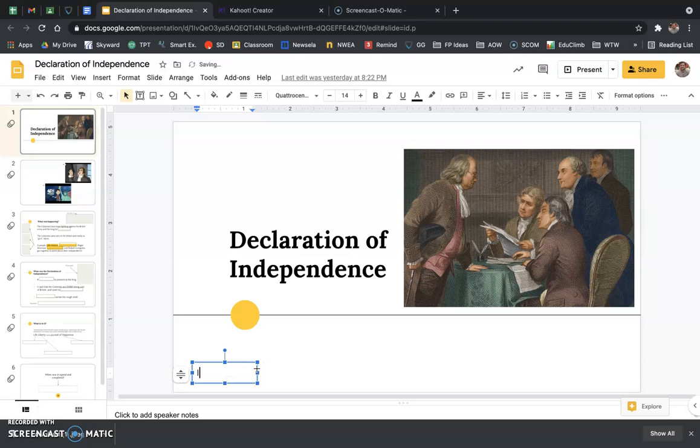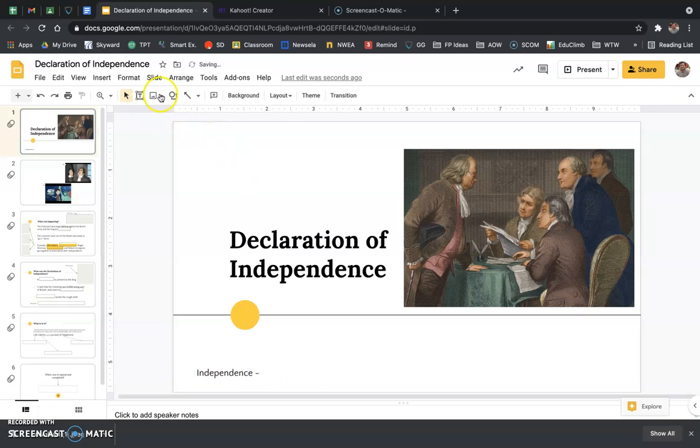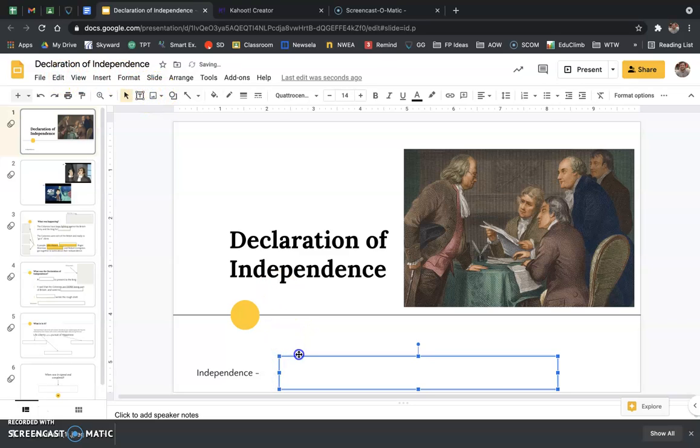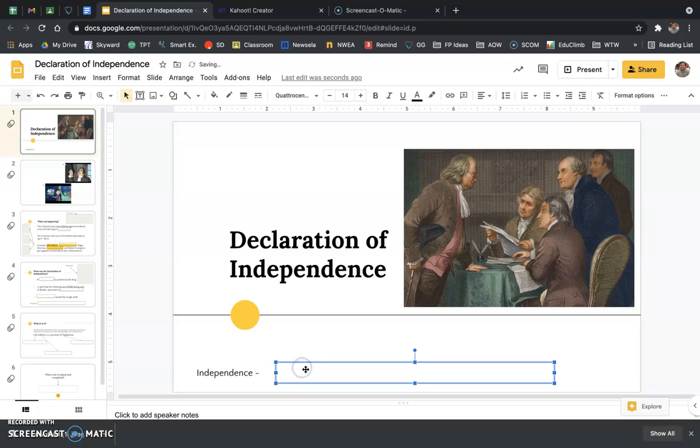Okay, so first thing is first here. Let's give a definition to the word independence. It's that last word there, Declaration of Independence.